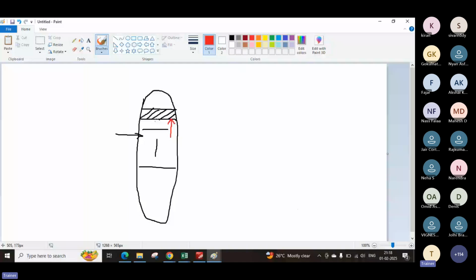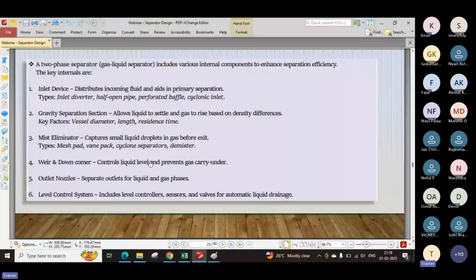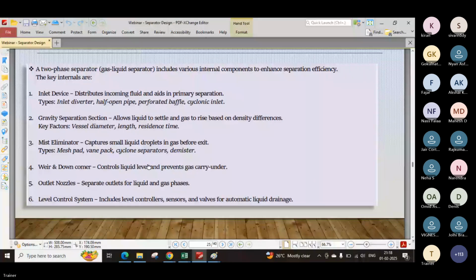At every striking position, the surface tension or the density of the carried liquid comes together and the droplets coalesce and fall down. That's how we get the separation very handily. That is called mist eliminator devices. Then any downcomer, outlet nozzles and the liquid level controls are the typical parts of any separator.